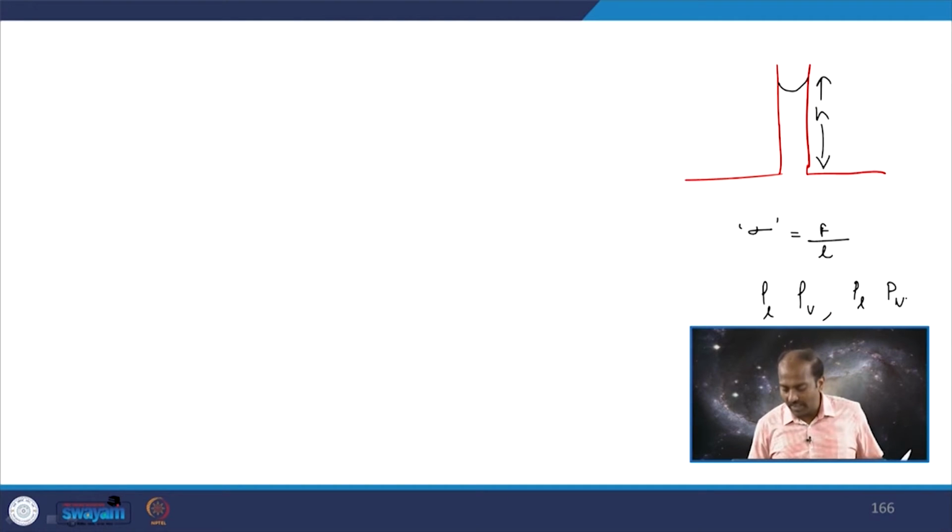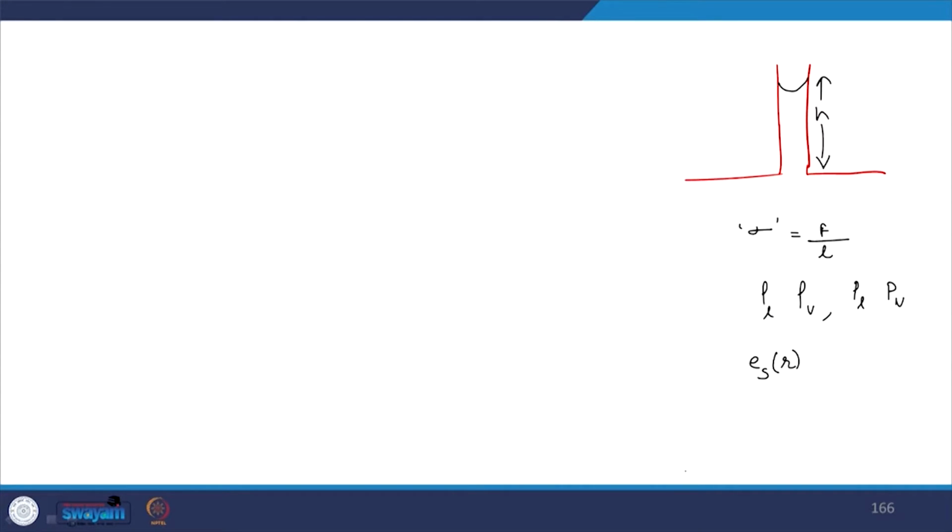Now, what we are trying to do is see how the saturation vapor pressure over a curved surface, e_s(r), behaves. What is e_s(r)? It is the saturation vapor pressure. We are indicating vapor pressures with a small e. We have put a subscript s indicating saturation, and r indicating the saturation vapor pressure over a curved surface.